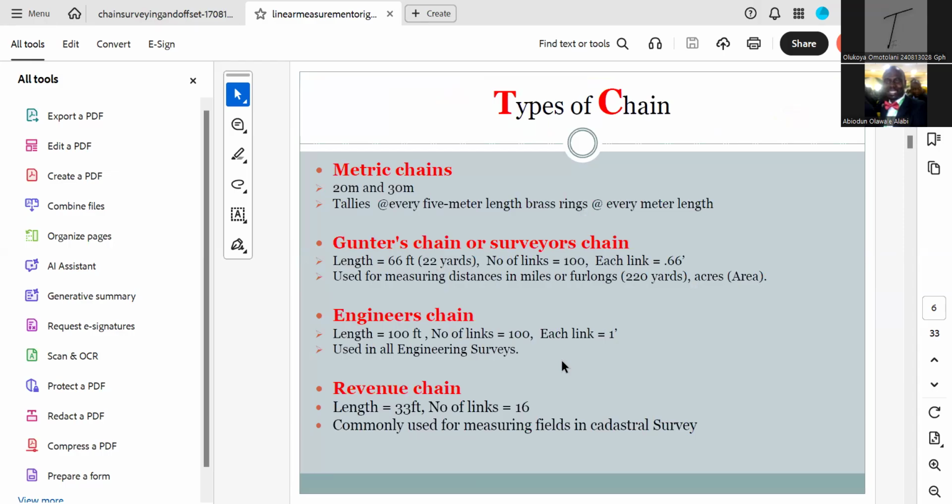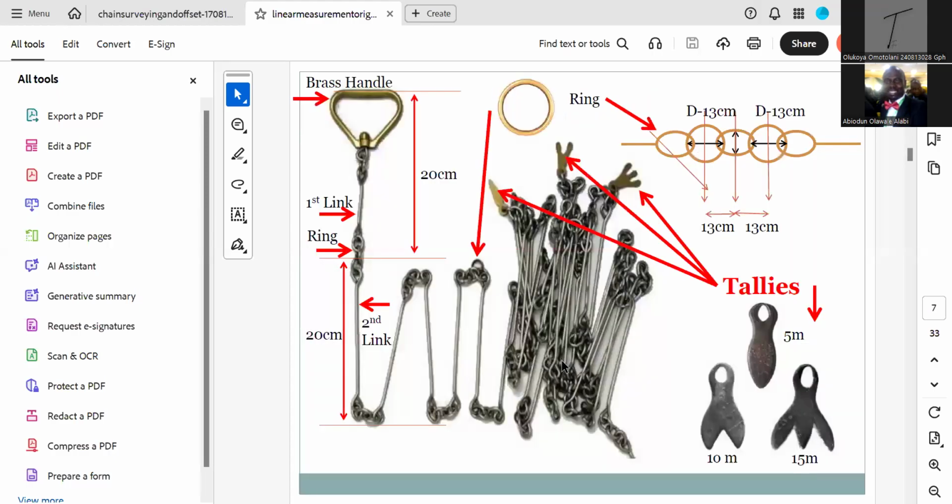Look at it now. I discussed this type of chain maybe 2 weeks ago, and I said that you should know the characteristics or properties of these chains. This one has summarized it for you in a better way. Can you see the metric chain, the Gunter chain or surveyor's chain, the engineer's chain, the revenue chain, and their properties highlighted for you.